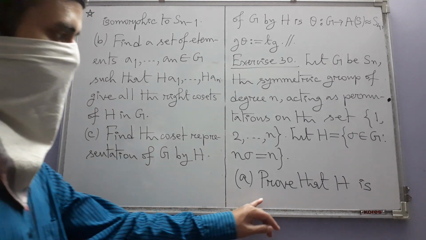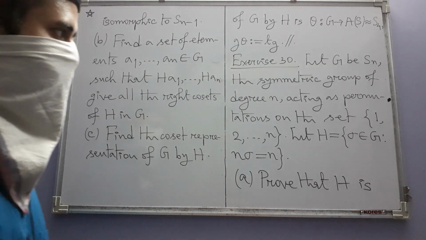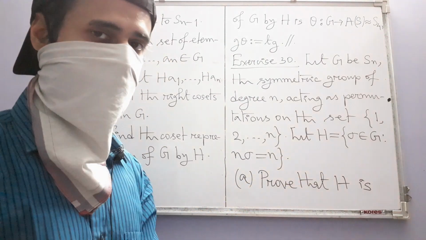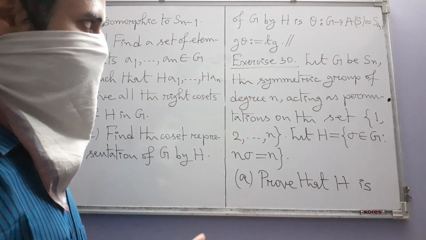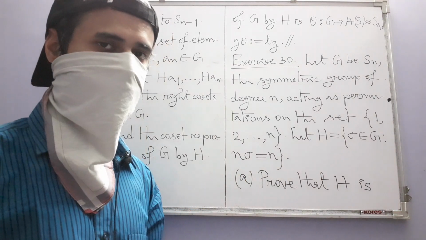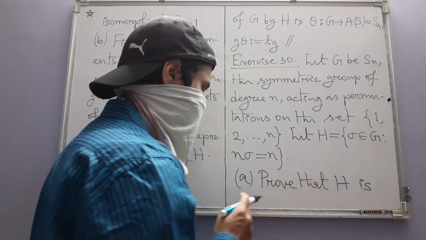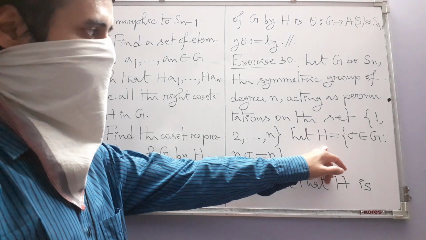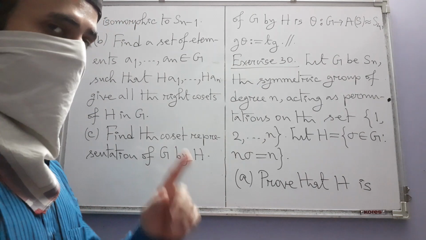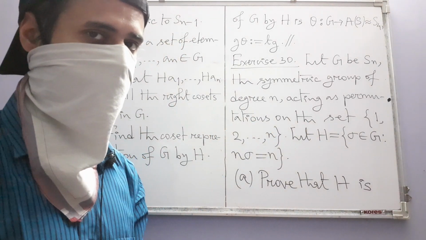So the first job is to show that H is isomorphic to Sn minus 1, and the task that comes before that, which is showing that H is itself a subgroup of G, is of course left to you, and it won't take much time or effort to see why that is so. Because you are in a finite group, you just have to take two elements of H and see that their composition again belongs to H. And before that, again, make sure that H is non-empty.